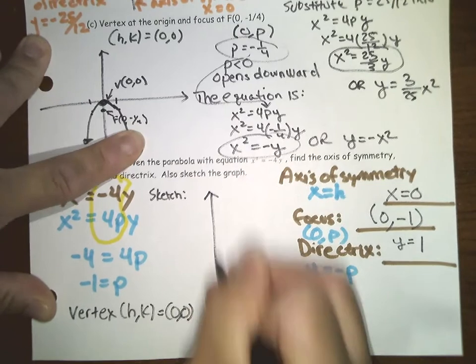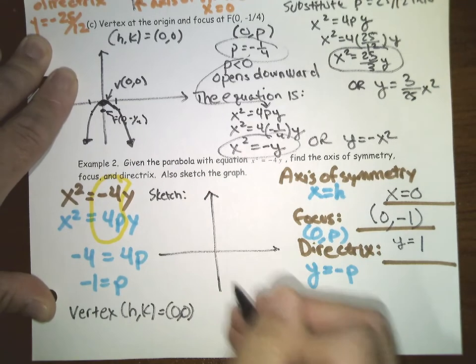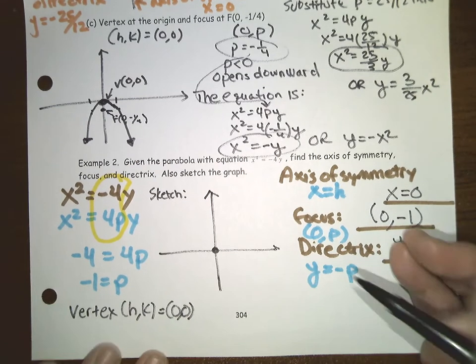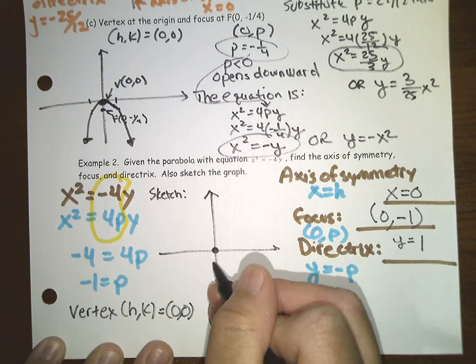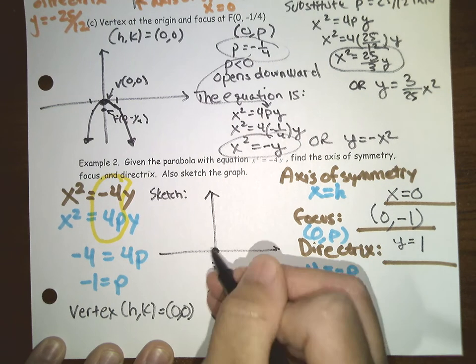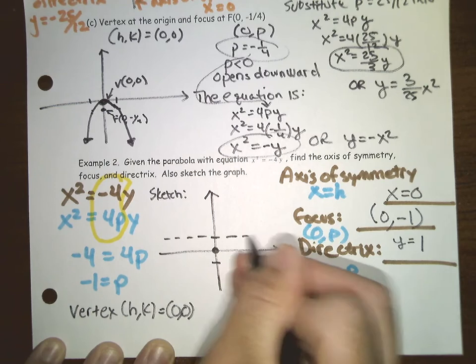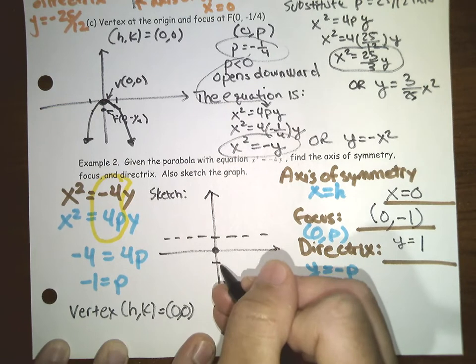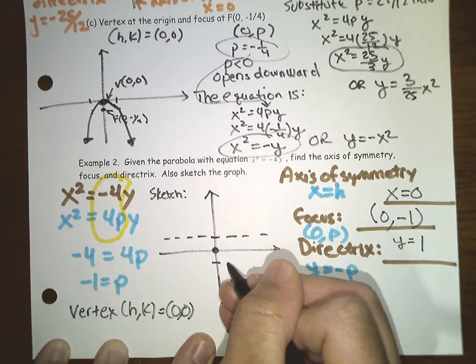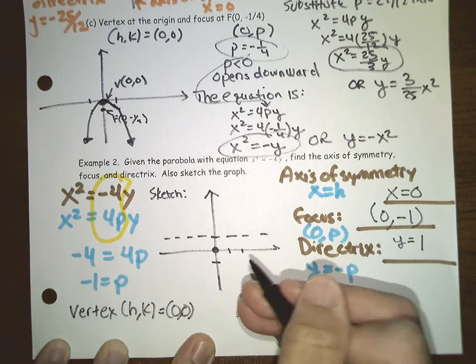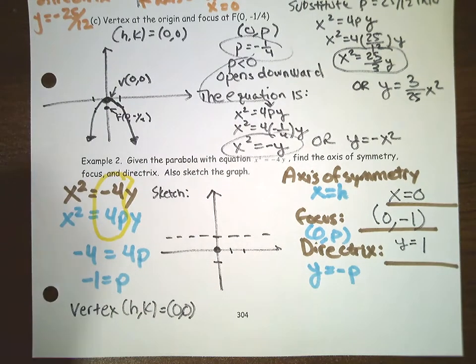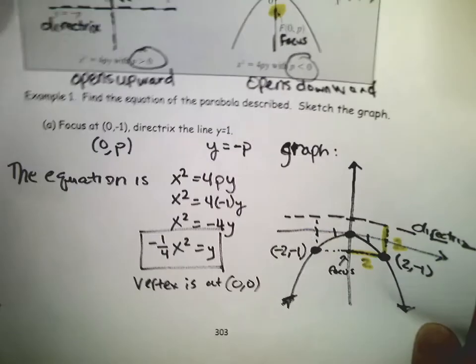There is a point at the vertex (0, 0), the focus is at (0, negative 1), and the directrix is at y equals 1. And so then if I go one unit over, well, believe it or not, think about this though. This is actually the same as example 1a, right?